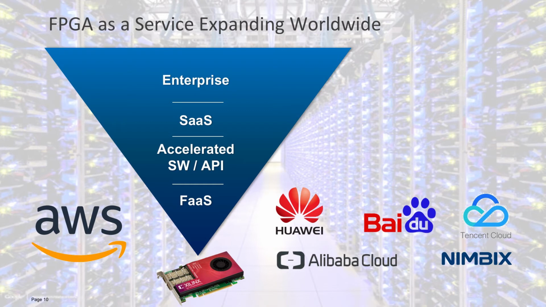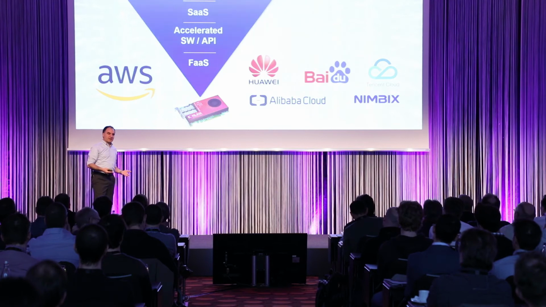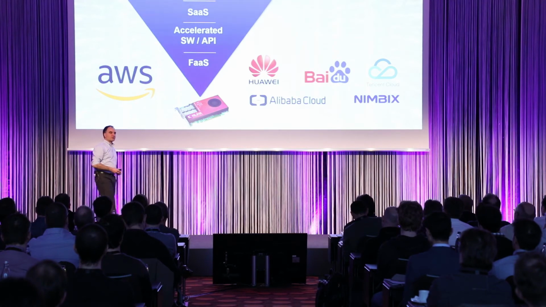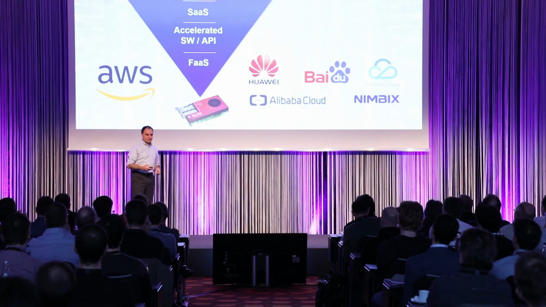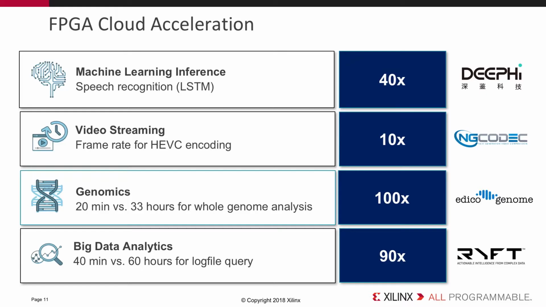So what that means is that you have the latest and greatest Xilinx FPGA on your desk right now at the click of a mouse. If you have a laptop, you have the latest Xilinx FPGA at the click of a mouse on the cloud. And you can either use it for accelerated software or develop an accelerator on it. And this is what FPGA as a service is enabling today.